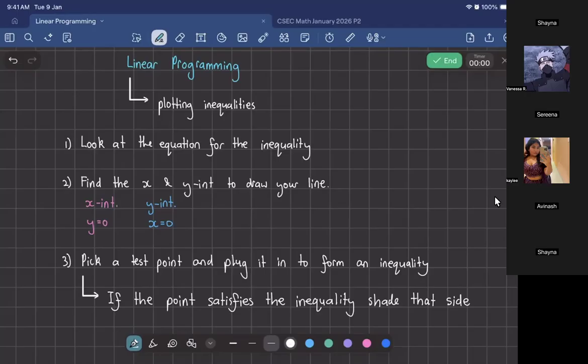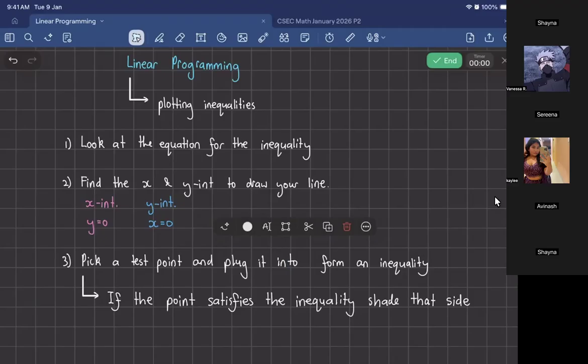X intercept, y is 0; y intercept, x is 0. Pick a test point and plug it into the inequality. If the point satisfies the inequality, shade that side. Right. Pick a test point and plug it into the inequality.